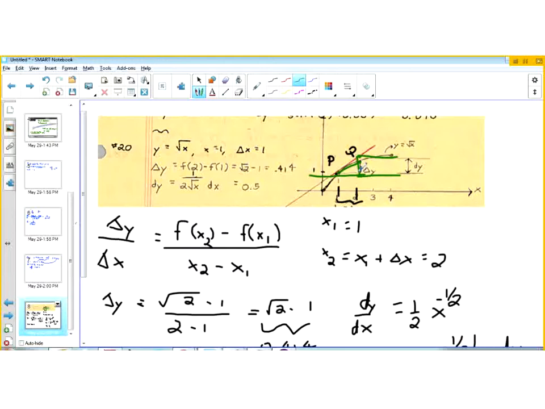So differential y is calculated based on plotting point Q on the function y equals the square root of x, and then extending that perpendicular up from this parallel line right here, and it's that distance.